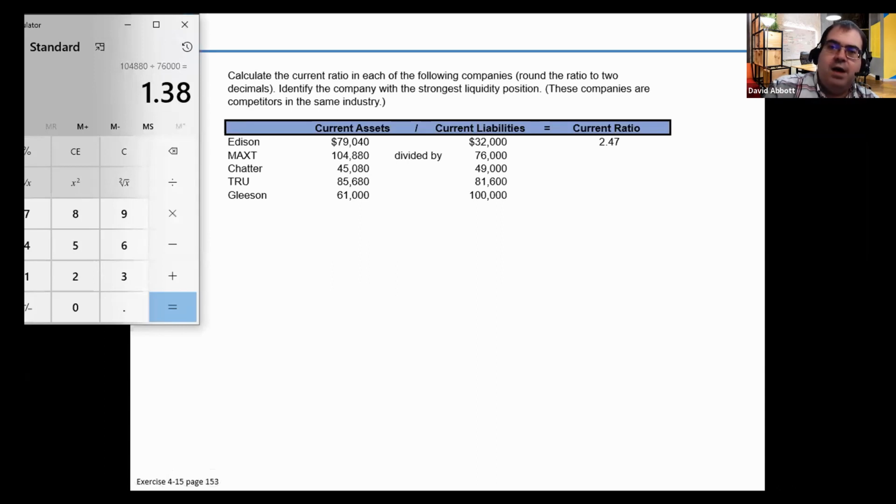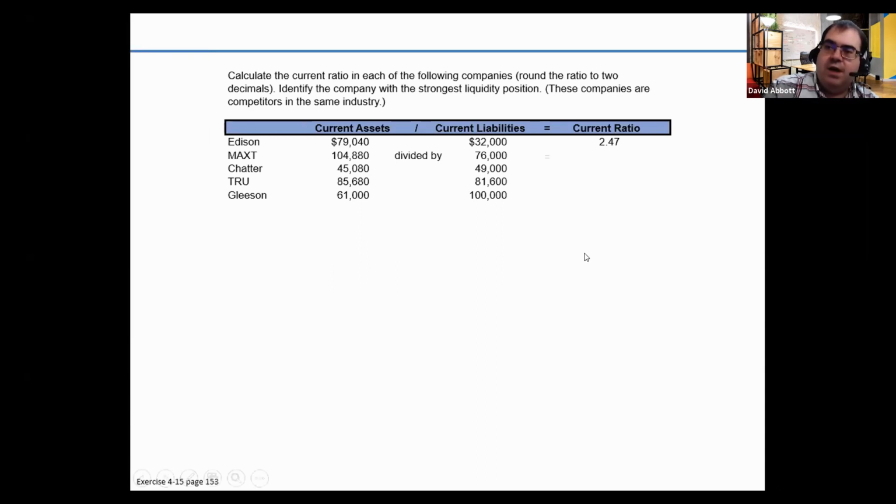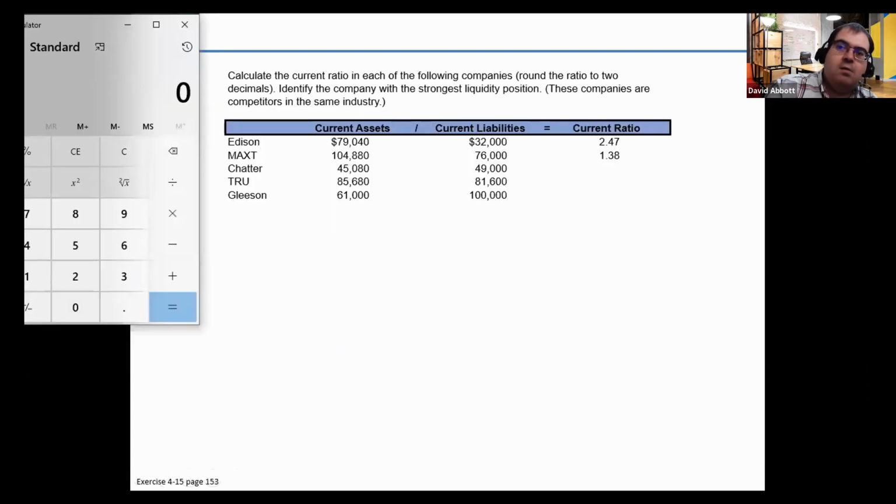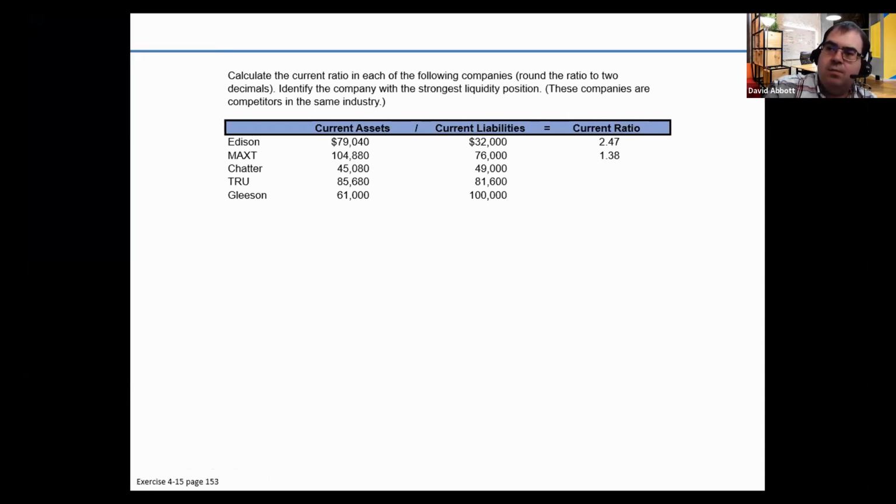So they have a current ratio of 1.38. Let's look at Chatter. They have a current ratio of 0.92. And then True.